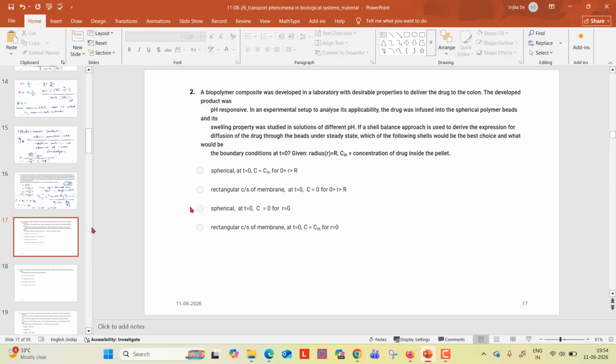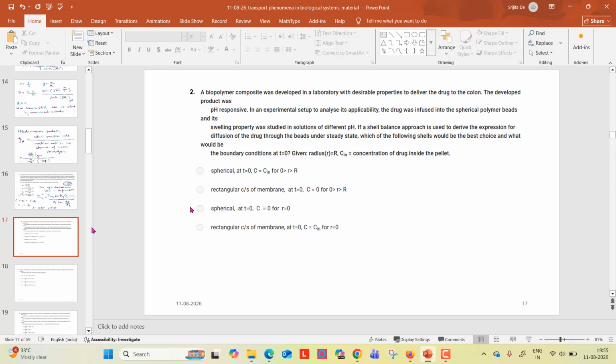If a shell balance approach is used to derive the expression for diffusion of the drug through the beads under steady state, which of the following shells would be the best choice and what would be the boundary conditions at t equals 0? Given radius is r, capital S is the concentration of drug inside the pellet.